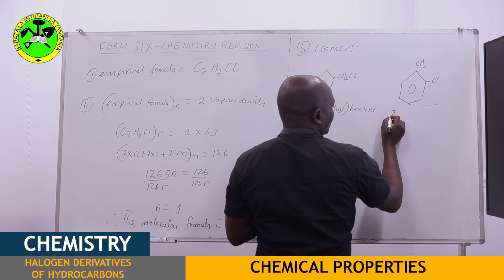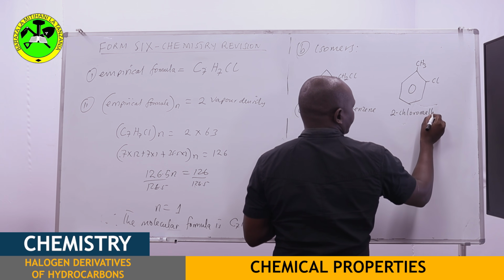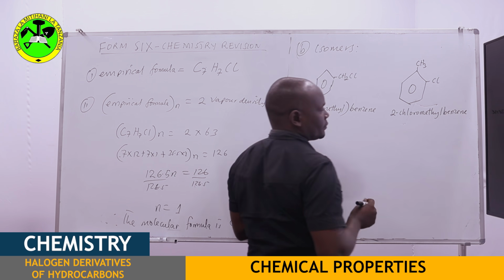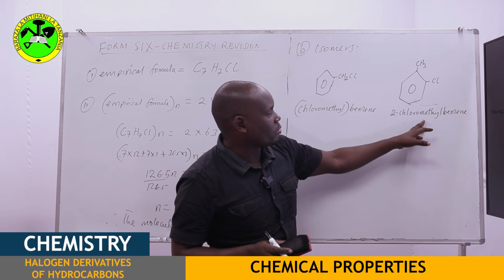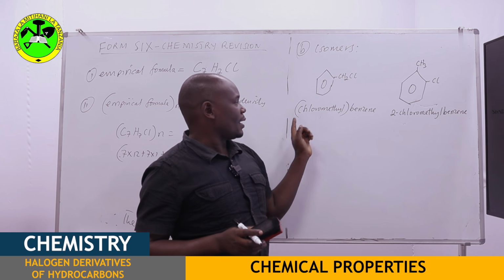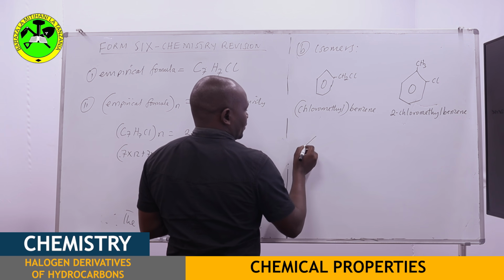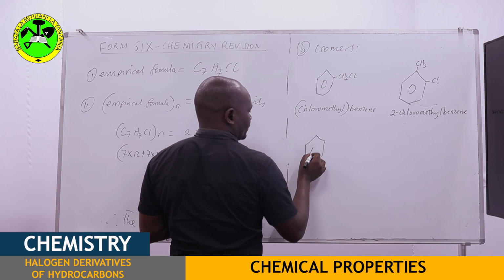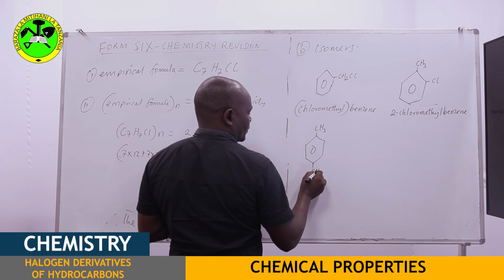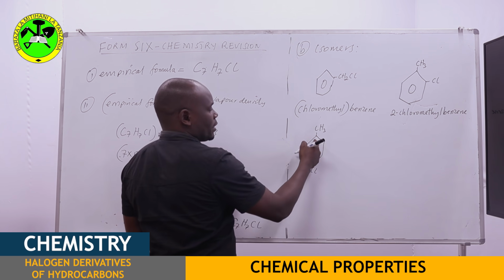which is known as 2-chloromethyl benzene. So this is 2-chloromethyl benzene, but there are 7 carbon atoms, there are 7 hydrogen atoms, and 1 chlorine atom. But also another isomer can be this one. And this is 1, 2, 3, 4.